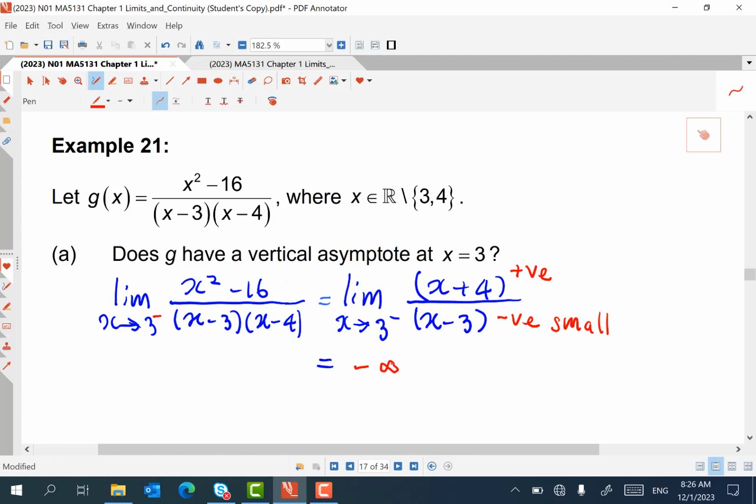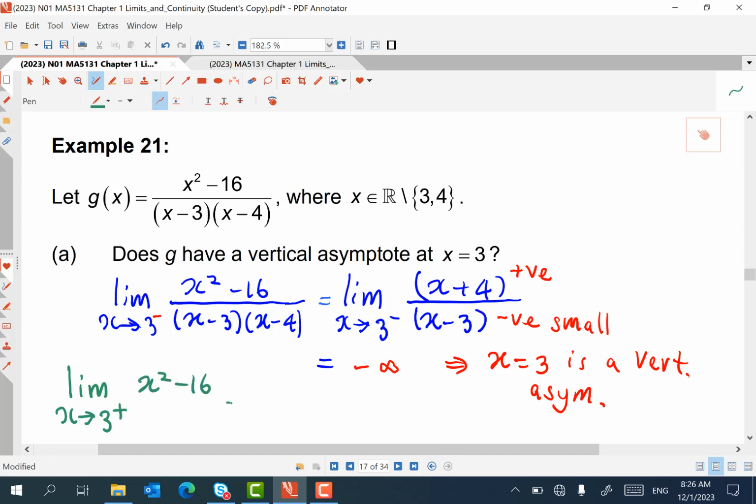This alone is enough to conclude that x equals 3 is a vertical asymptote. Technically, you ought to also look at how it behaves when x goes towards 3 plus.